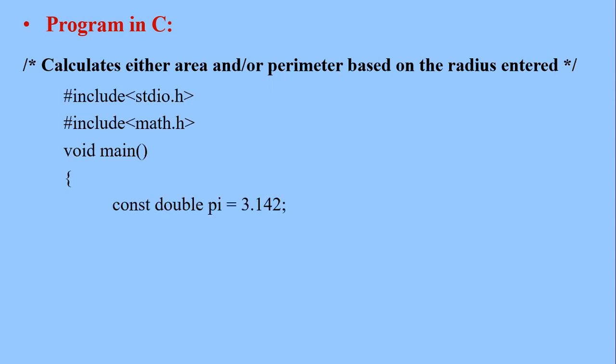We declare a memory location for a constant value, which will be a decimal number, a number with a decimal point or fraction, and it's called pi. We initialize it with 3.142. We then declare three memory locations whose content will be changing. That is perimeter, area, and radius of type double.